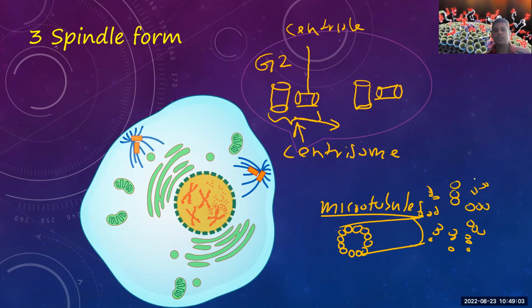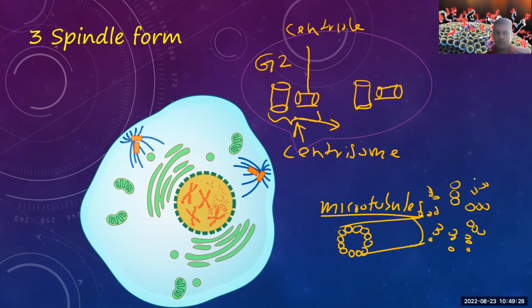It's like a collection of microtubules. Now this microtubule formation, making long fiber-like things, can be done by the centrosome. So it's like an organizing center, a microtubule organizing center.